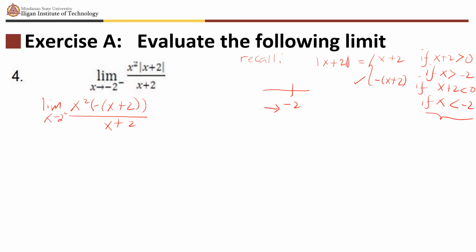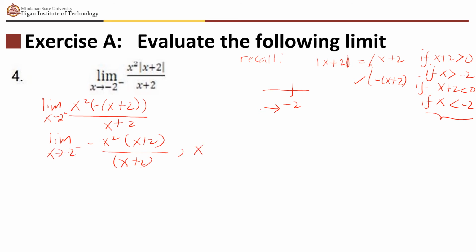So this is now equal to the limit of the negative of x squared times x plus 2 all over x plus 2 as x approaches minus 2 from the left.